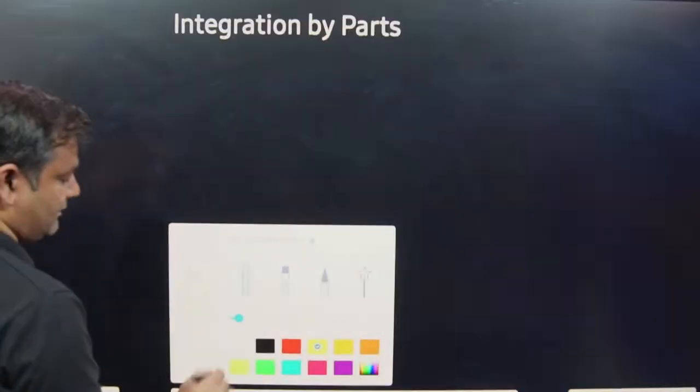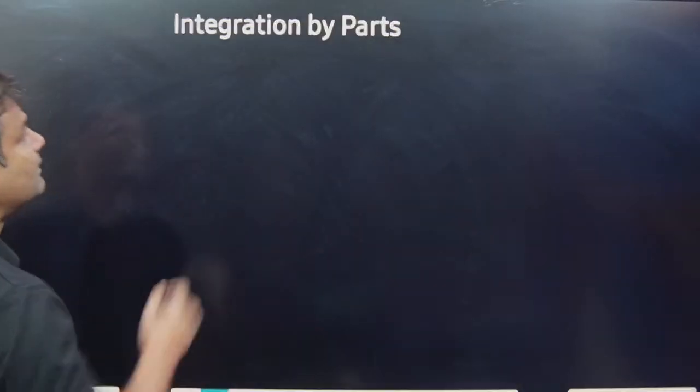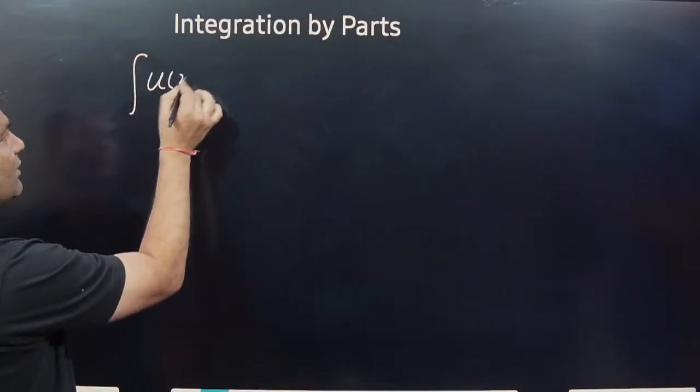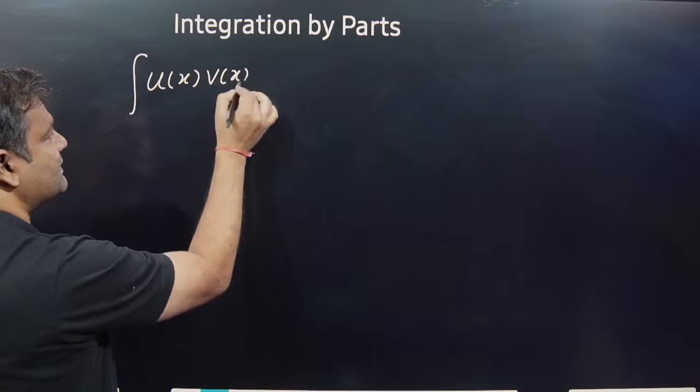First of all, I will focus on the formula, once again written here. If here u of x and v of x are two functions, then how can we integrate u of x times v of x dx?